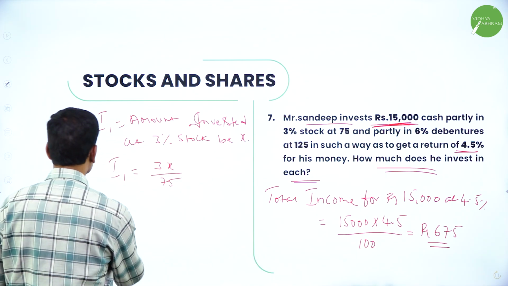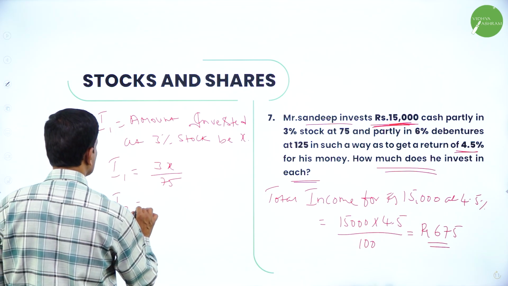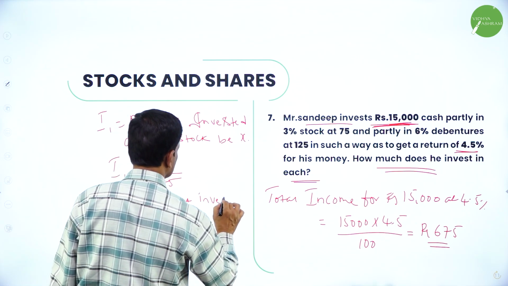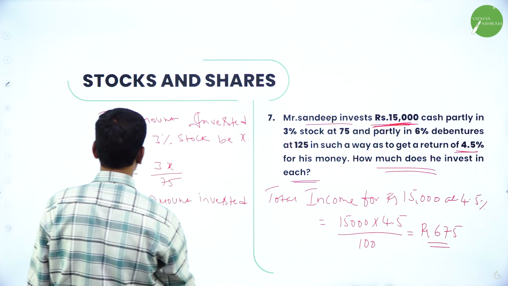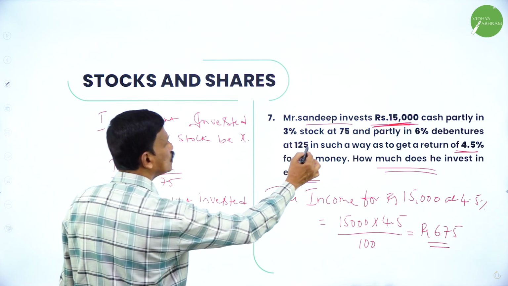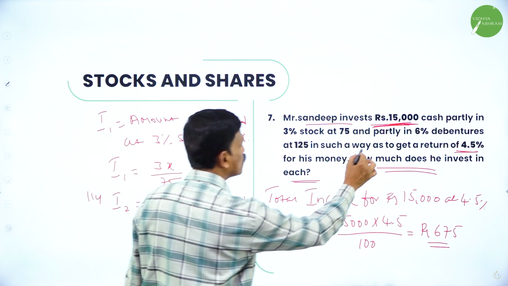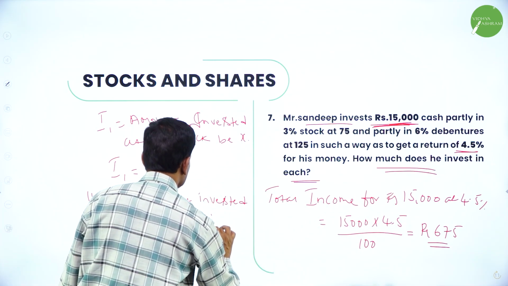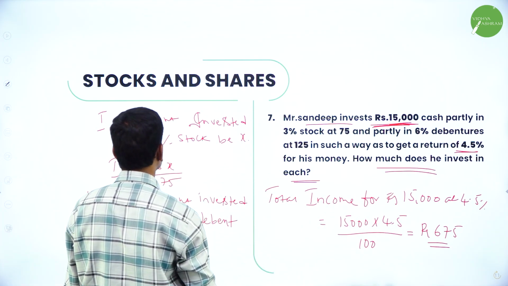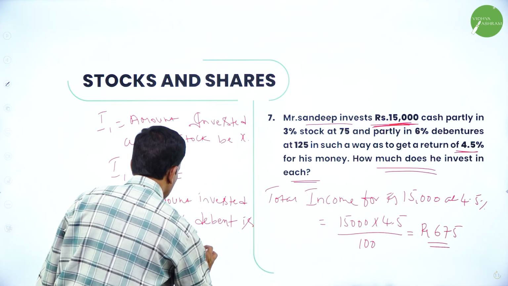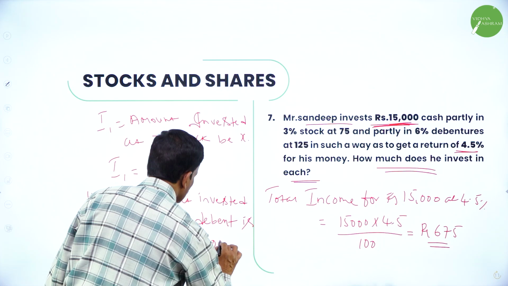Now similarly I2 is nothing but the amount invested at 6% debentures, which is 15,000 minus x.